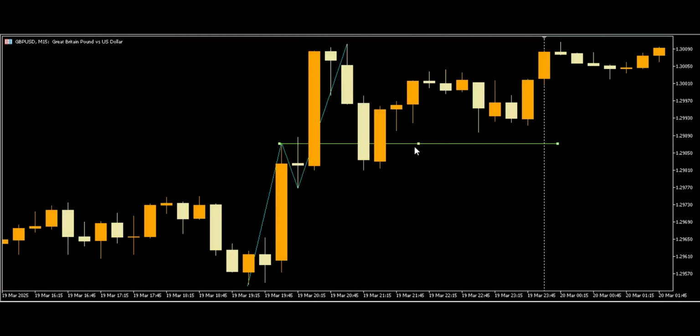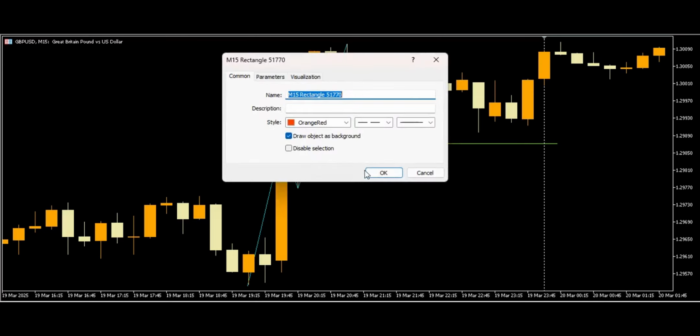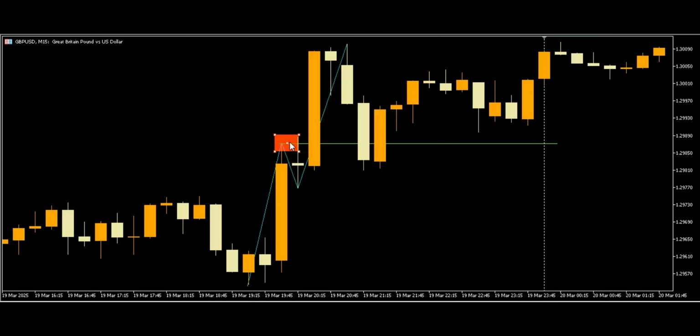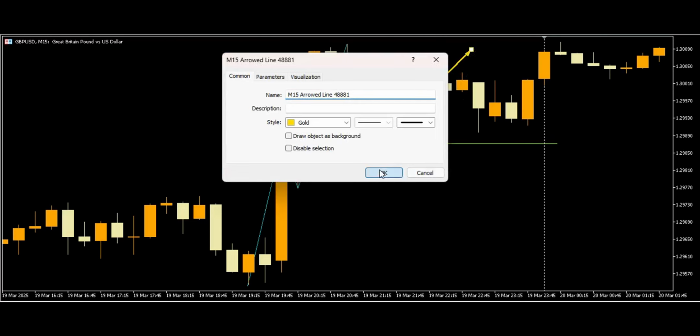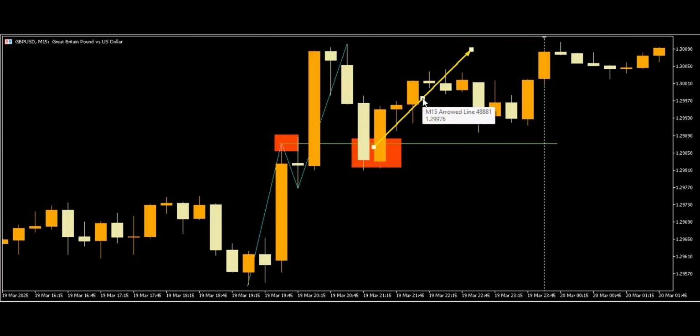In this case, this would be a bullish order block where price displaces above that high, and when it returns to that high, we'd expect it to respect that order block, and from there price should be driving up towards your target.